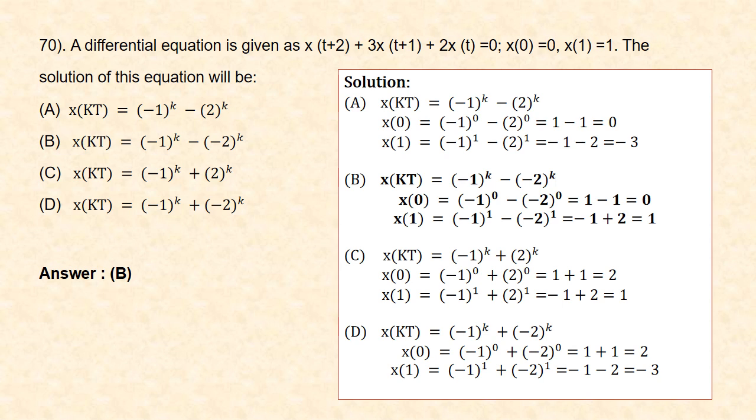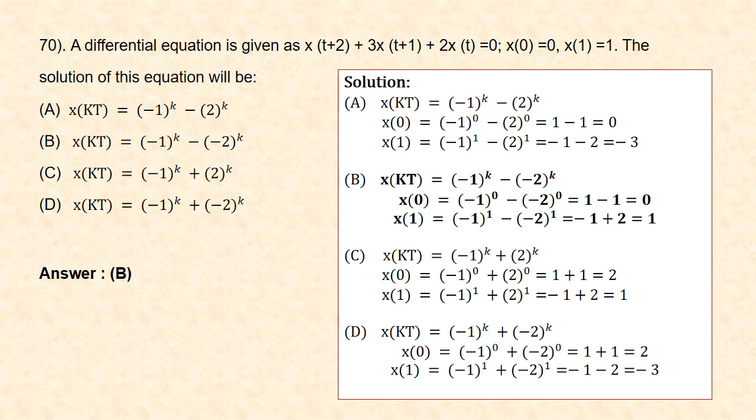If you move on to option B and substitute k is equal to 0 and 1, we are getting x of 0 is equal to 0 and x of 1 is equal to 1. So, option B is the correct answer. If you want, you can check the other options C and D also. Here, for option C, x of 0 is equal to 2 and x of 1 is equal to 1.